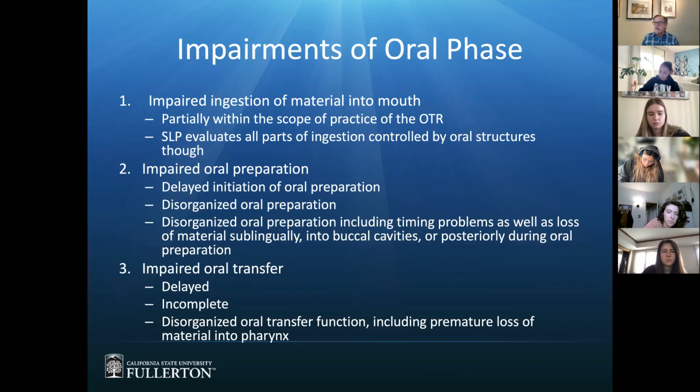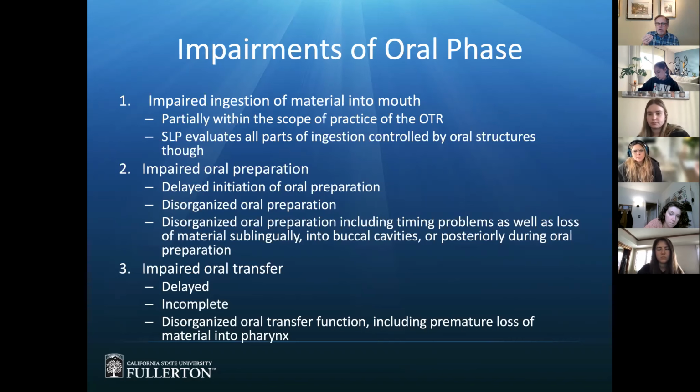We're not going to design a treatment plan for it, but we do start with that. You know, can they even put a cup to their lips? If they can't, obviously we're going to have to write swallowing precautions differently. So it starts there, but we don't get into a lot of detail. Certainly we do assess by observing how the patient ingests the material. Not how do they get it to their mouth, but how do they get it in?